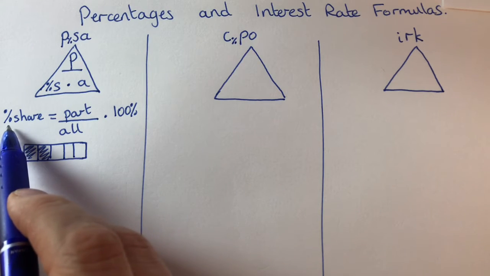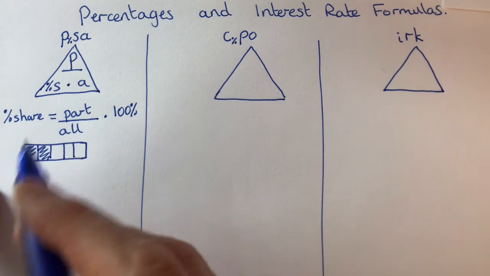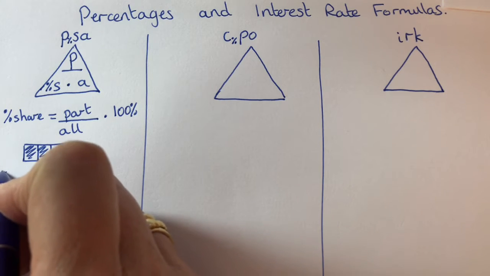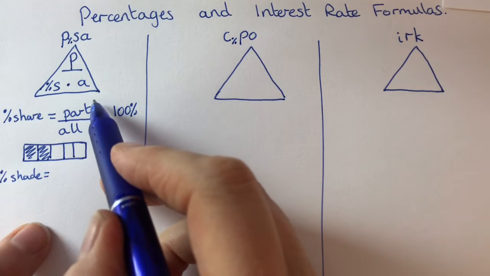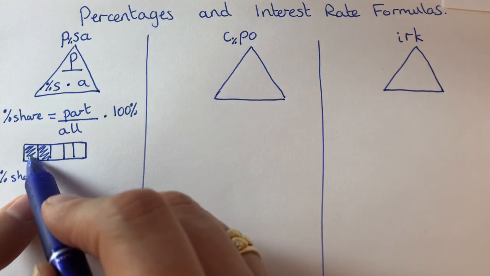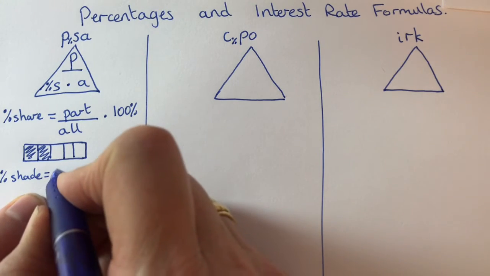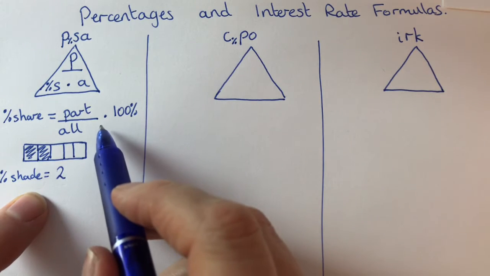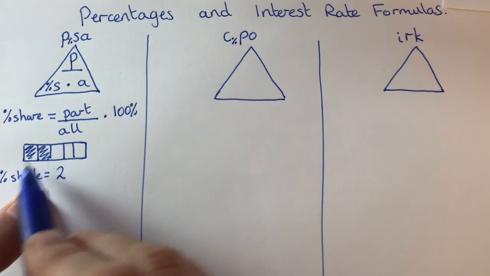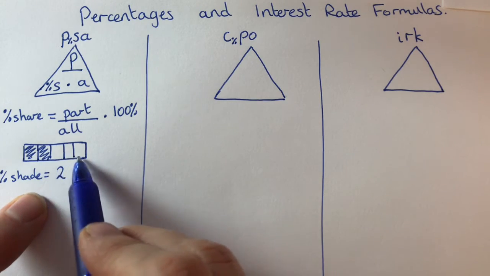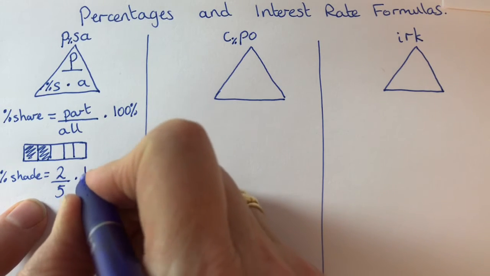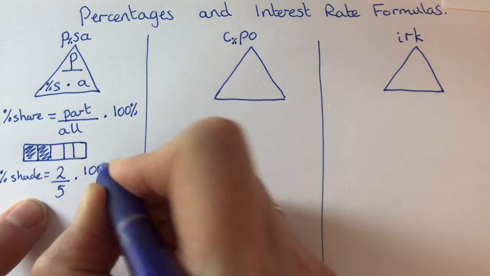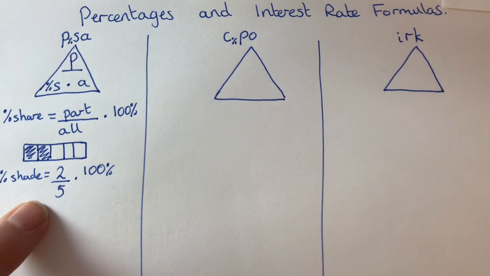Well, we would use this formula that the percentage share, that will in our case be percentage shaded, is the same as the number of parts that are shaded, 1, 2, 2 parts are shaded, divided by all of the parts. We have 1, 2, 3, 4, 5 parts, multiplied by 100% to change it into percentage.